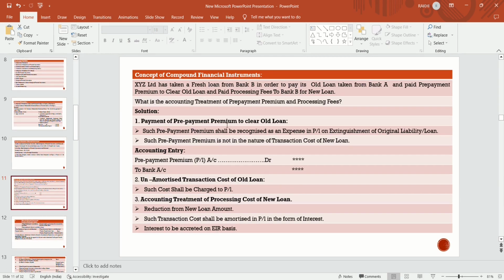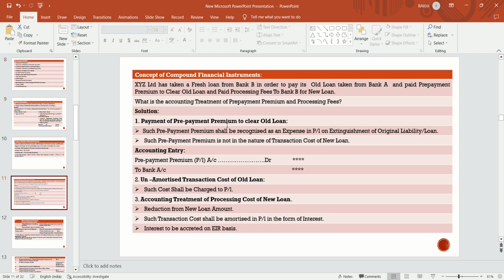Now the concept of financial instrument. Suppose XYZ Limited has taken a fresh loan from Bank B. They had taken a loan from Bank B in order to pay its old loan taken from Bank A, and paid a prepayment premium to clear the old loan and a processing fee to Bank B for the new loan.